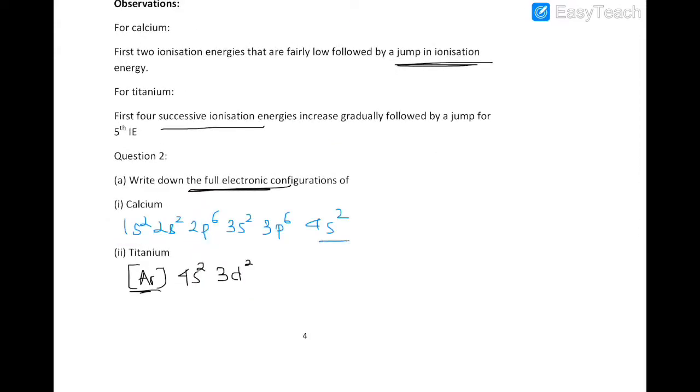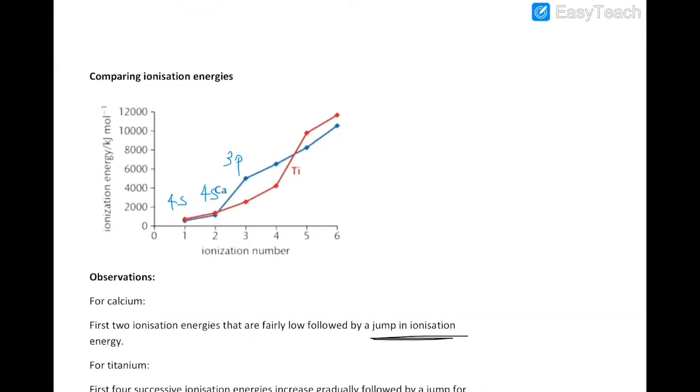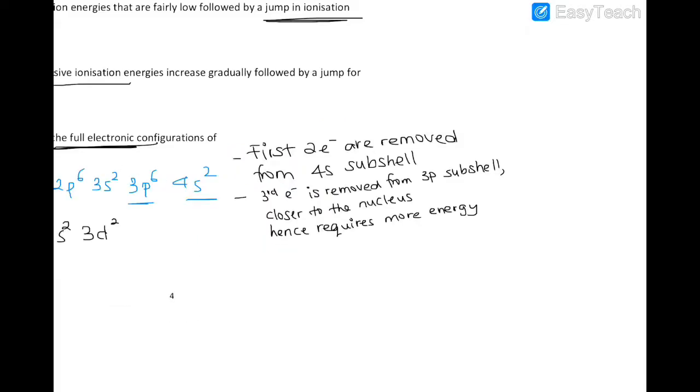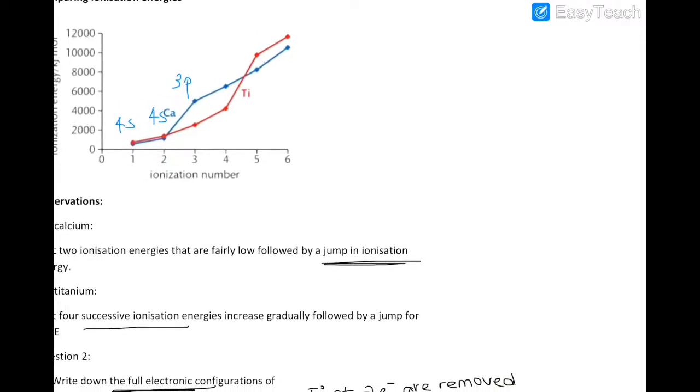So first 2 electrons here, the third electron is from the 3p subshell. So definitely there's going to be a jump here. So here you have the explanation. The first 2 electrons are removed from the 4s subshell, and then the third electron onwards are removed from the 3p subshell that is closer to the nucleus, hence requires more energy. This is why you have that jump over here.